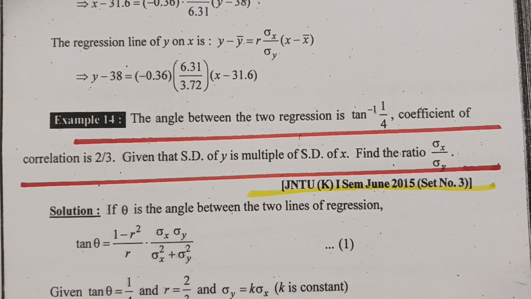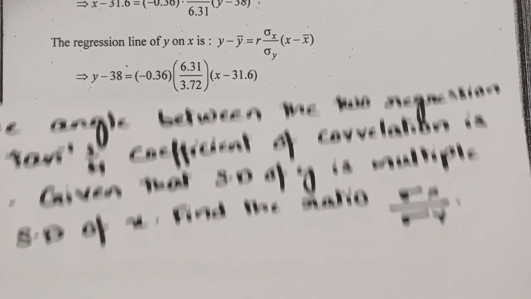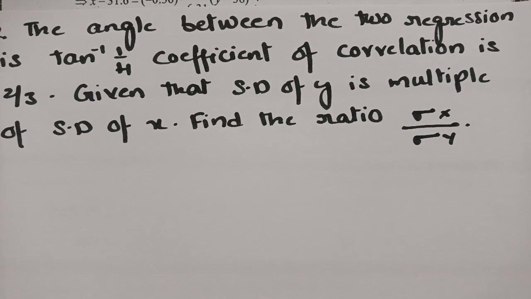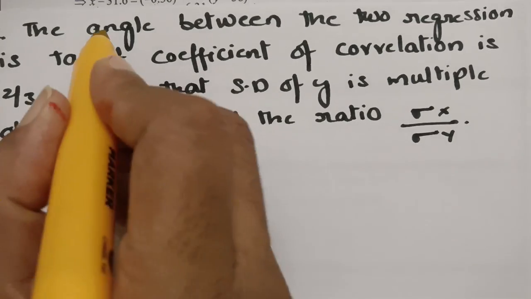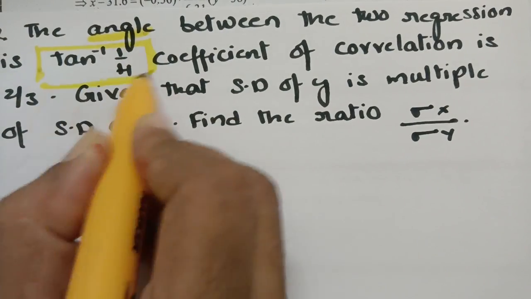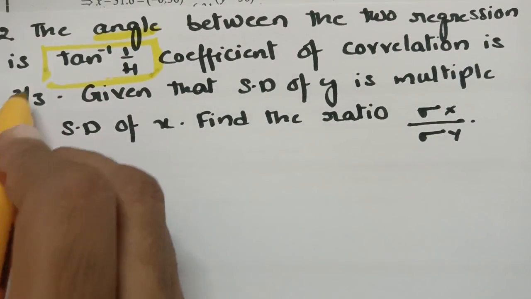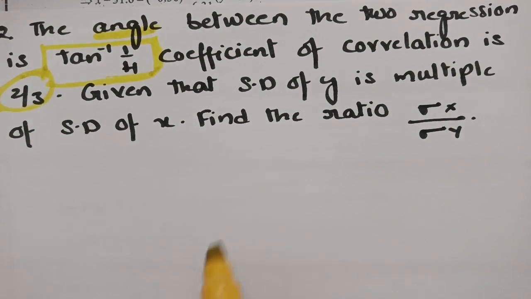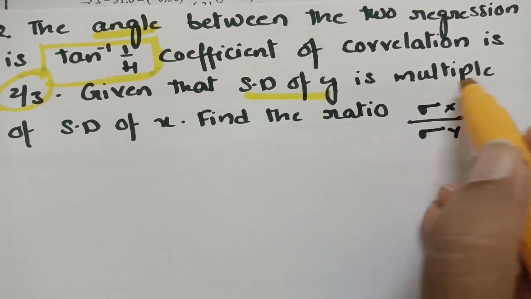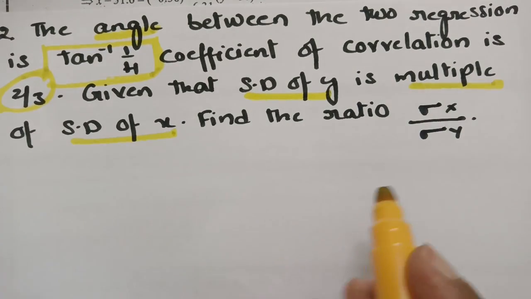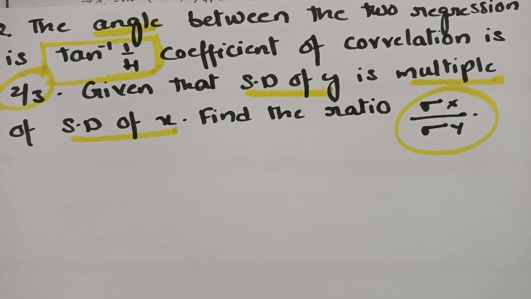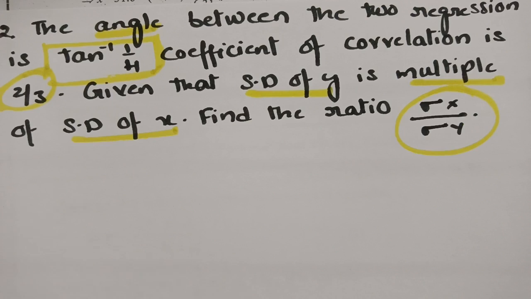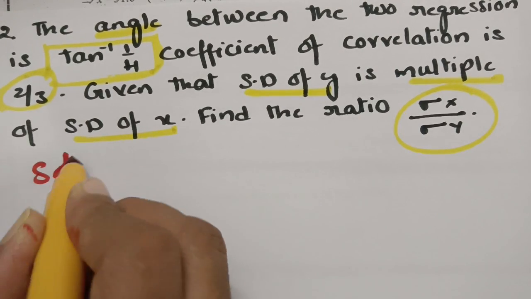So the solution will be: the angle between the two regression lines is given as tan inverse of 1 by 4, and the correlation coefficient r is given as 2 by 3. The standard deviation of y is a multiple of the standard deviation of x, and now we have to find the ratio. Clear? So what all is given?